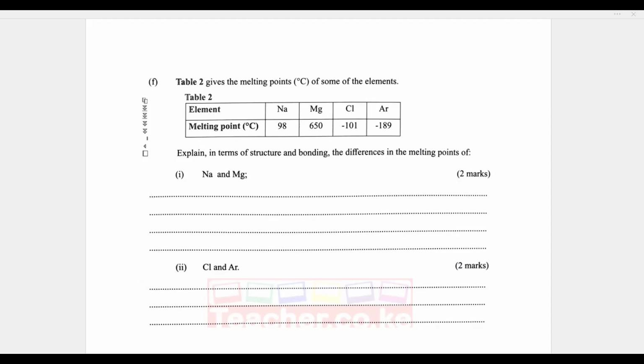And why does chlorine have a higher melting point than argon, even though they're both gases? If we cooled them down, argon would melt and boil much quicker than chlorine. Why? Come on, we've only got 5 minutes. Quickly, save the world.